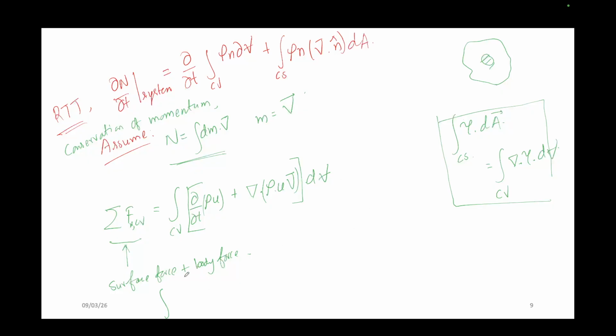So now in place of the surface integral I can write the integral over CV of del dot tau dV, and the body force can be written as, body force meaning whatever force there is in the body.